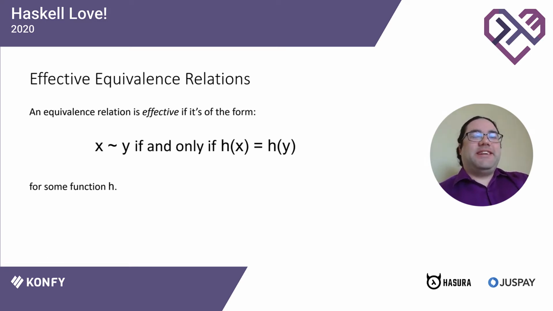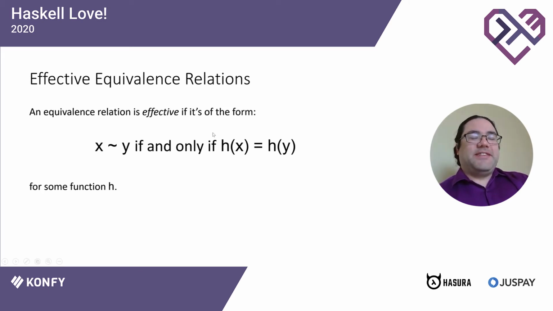The intuition here is that you have some kind of normalization function that can map X and Y to some normal form, and then X is related to Y if those normal forms are the same. So for example, with rational numbers, you can reduce to remove common factors, and then the two pairs of numerator and denominator, once you remove all the common factors, are equal only if the original rational numbers were equal.